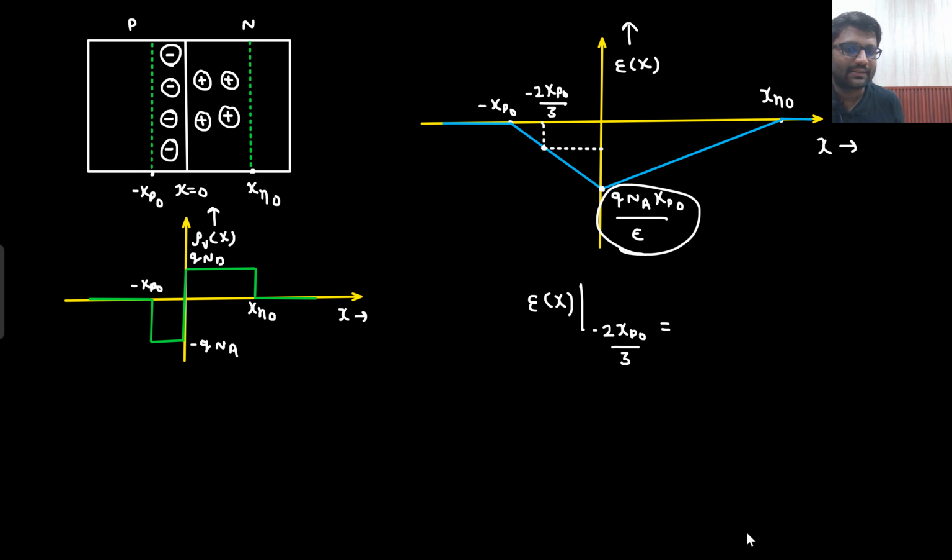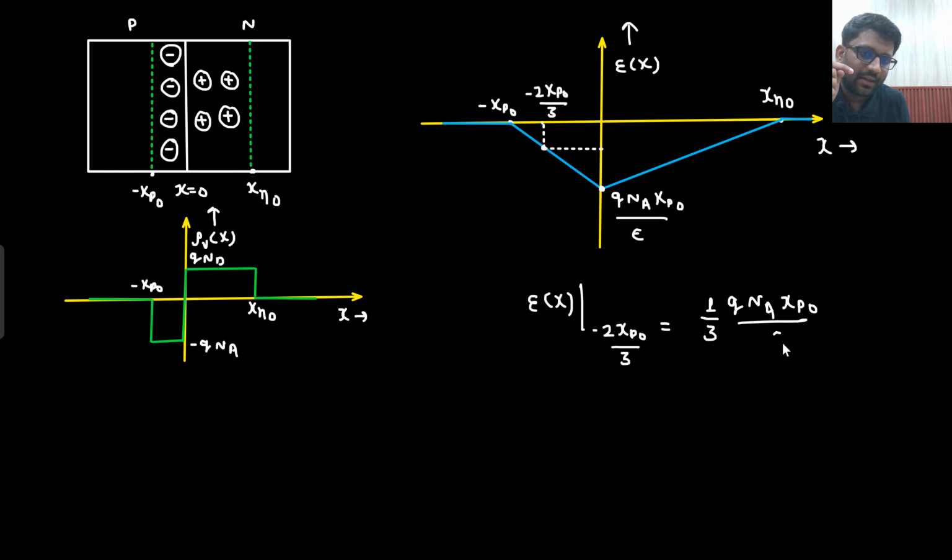Mathematics, again mathematics. When I am working for the distance of xp node, this much decay I am having. So when I work for the distance of 2 by 3 xp node, then how much decay I would have? 2 by 3 of this one. So answer would simply come out to be 2 by 3 decay you would have. That means what will be left? 1 by 3 QNA xp node divided by epsilon.